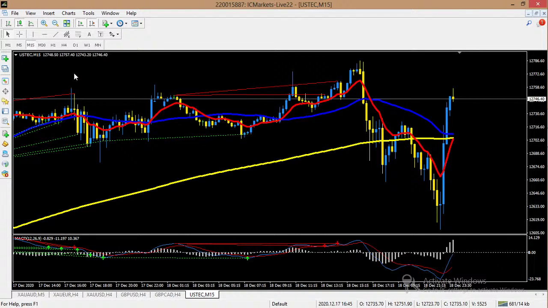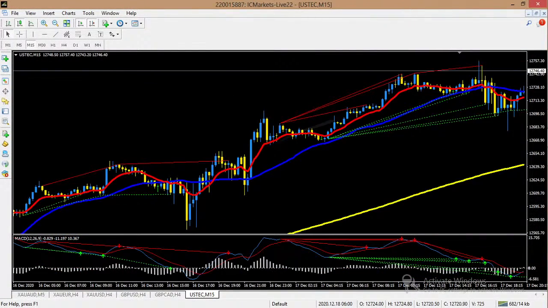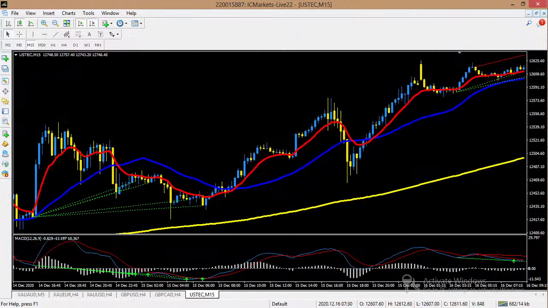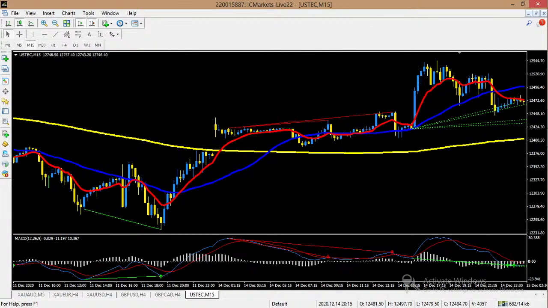So if for any reason the market is trending up, I want to show you some secret here. While the 1 hour time frame shows uptrend, then you come down to 15 or 5 minutes time frame.